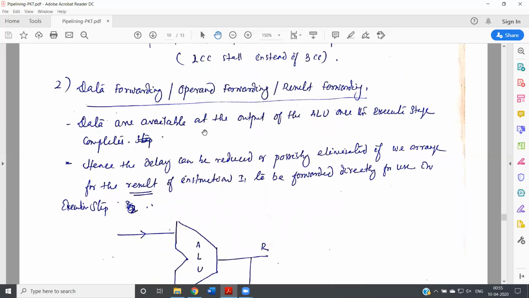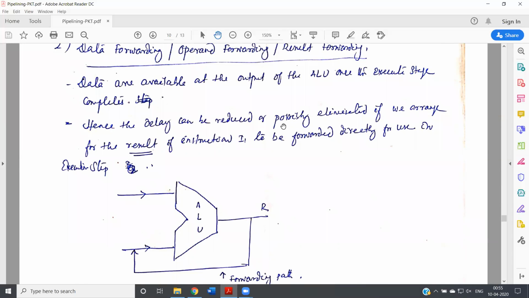Another method is data forwarding, also called operand forwarding or result forwarding. This is an effective method for reducing the data hazard.